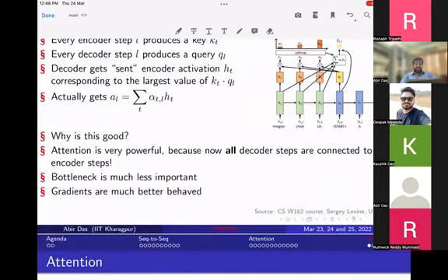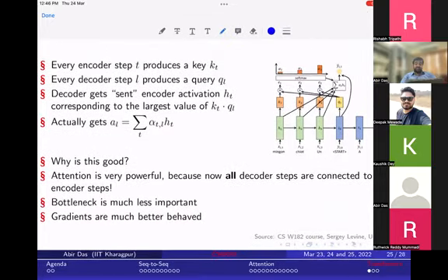Now, why is this good? Attention is very powerful because now all decoder steps are connected to all encoder steps, a direct connection. In a purely recurrent connection, this is connected to this, but through all these steps. But here you are getting a direct combination of H1, H2, H3.